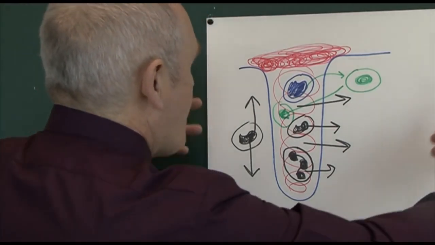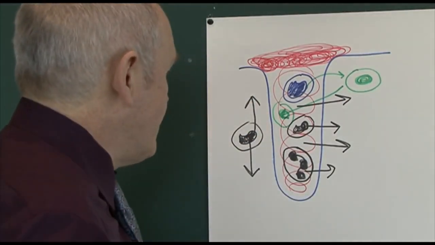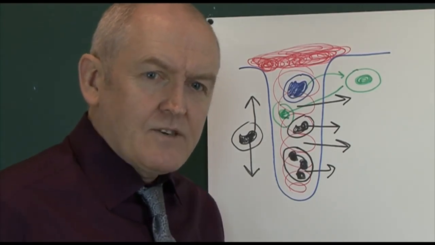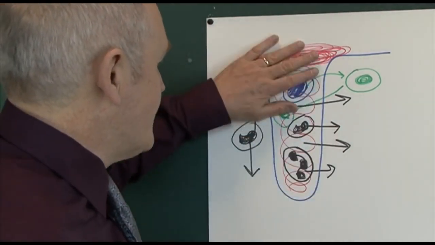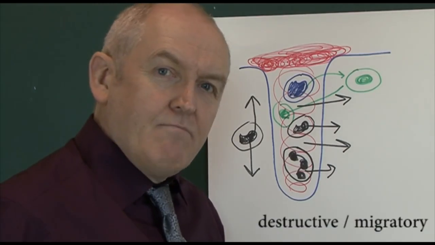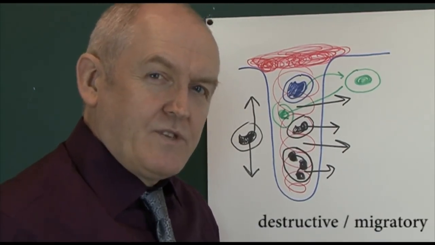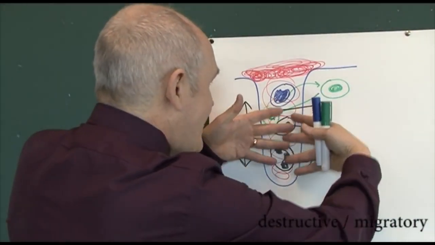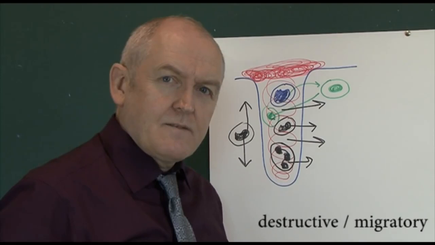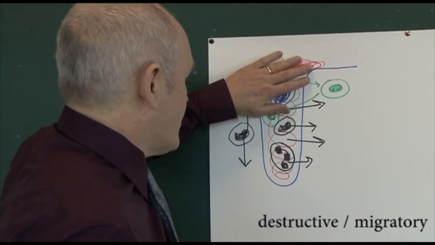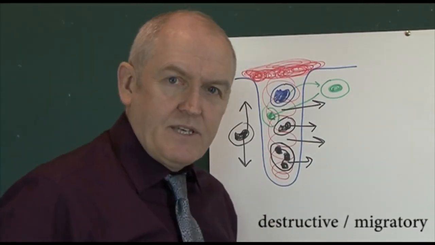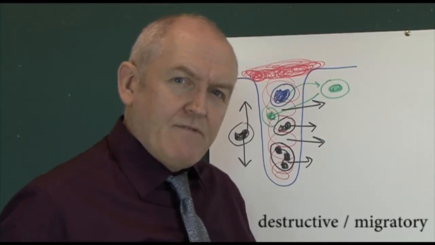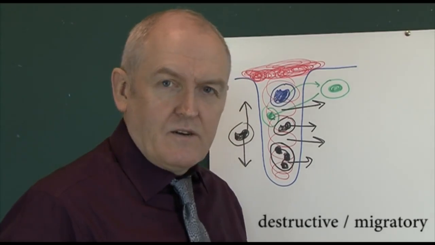So we've had the influx of inflammatory cells and we've had a destructive phase. Sometimes this first stage can be called the destructive migratory phase of wound healing after the inflammatory phase, because we're getting the migration in of useful cells and we're getting the destruction of the dead material and the bacteria, meaning that we've got a kind of physiological cleaning process going on here.